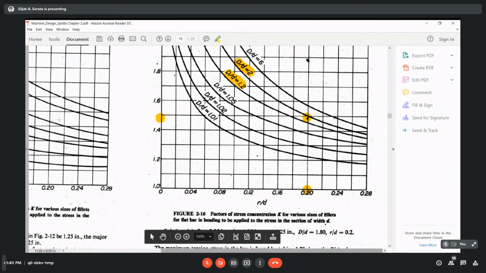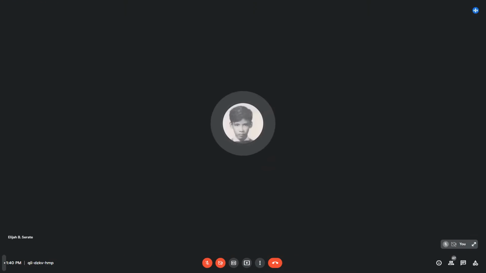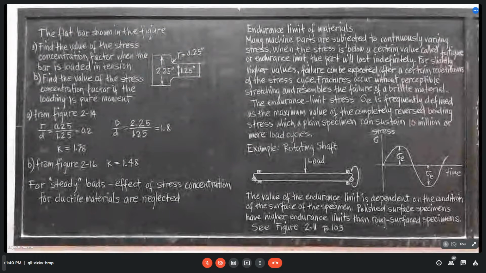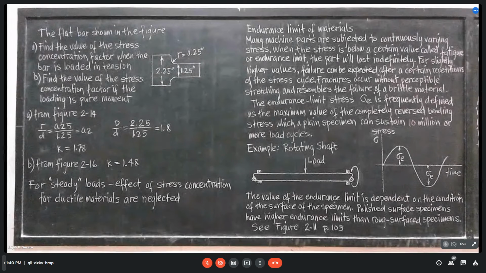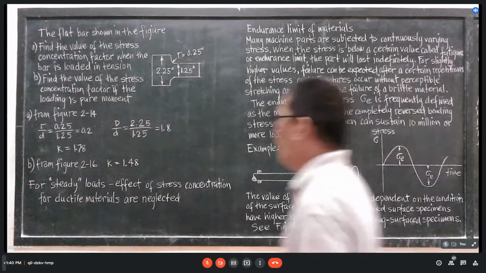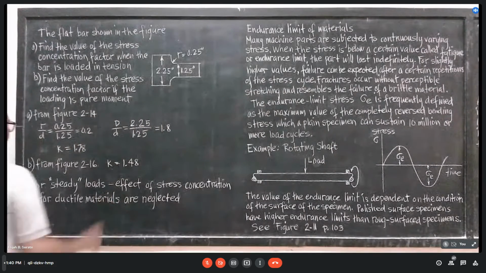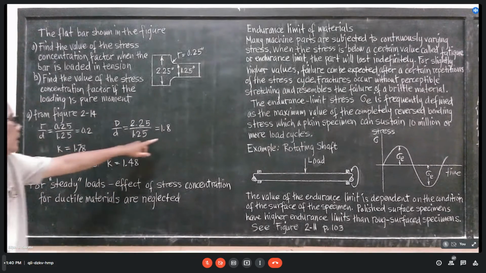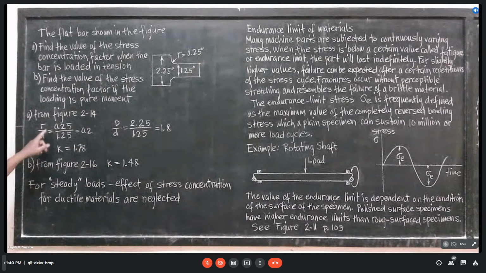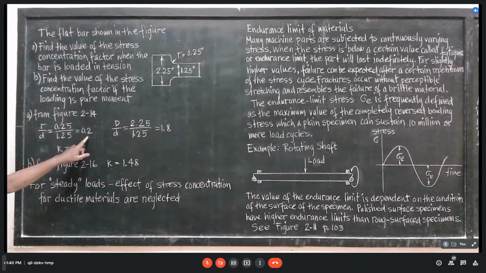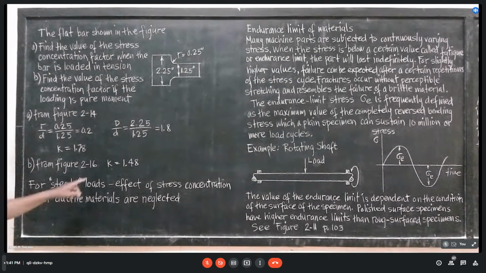Okay? So I'll go back. We have the same value of D over d of 1.8, and the same value of r over d of 0.2, and we approximate our K to be 1.48.